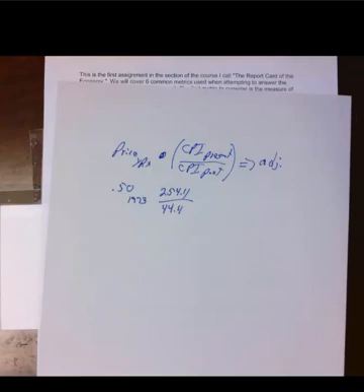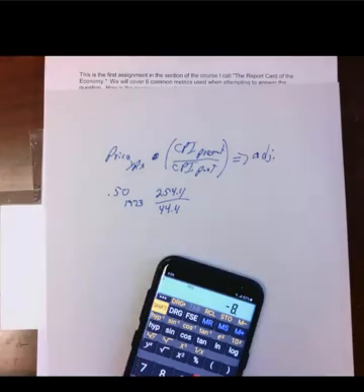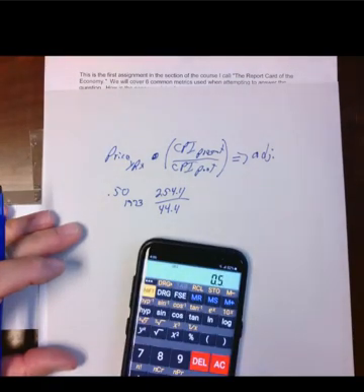You just take your calculator, which I don't have. Here, we'll use this one. So you just take your calculator, and it's 50 cents times 254.4 divided by 44.4.